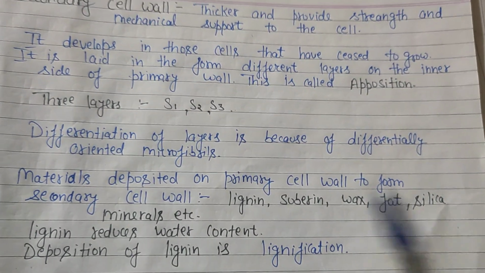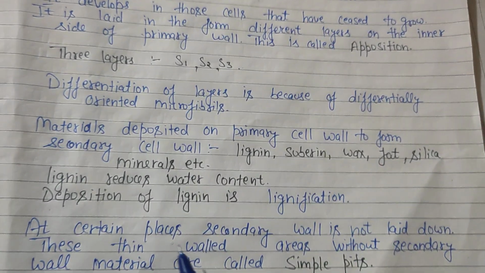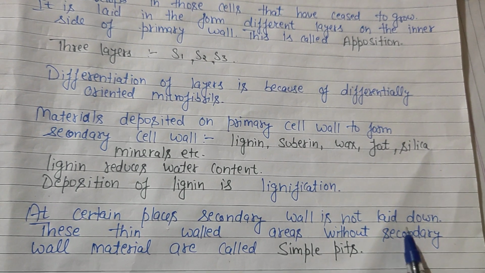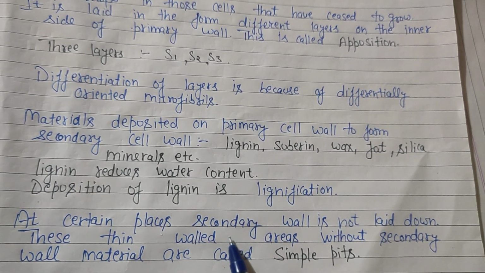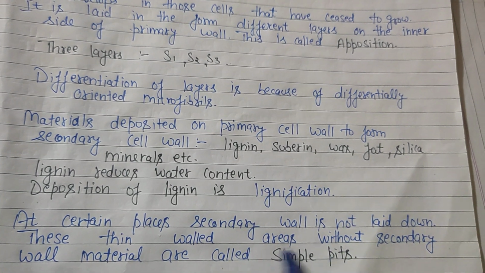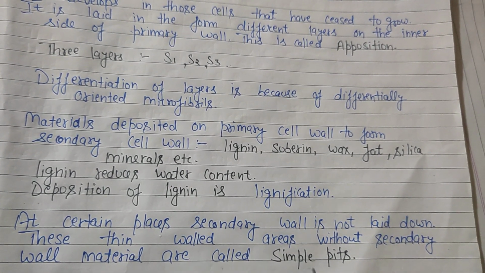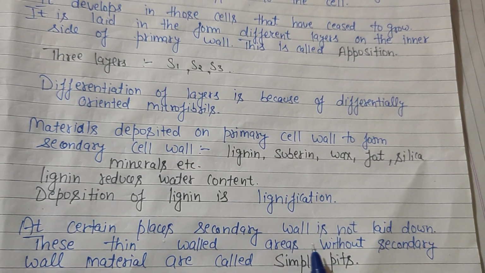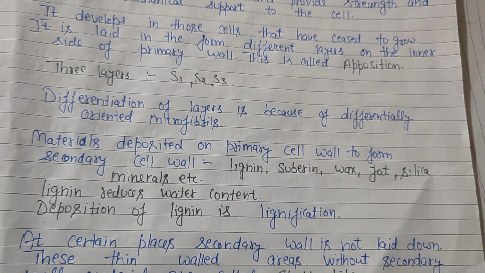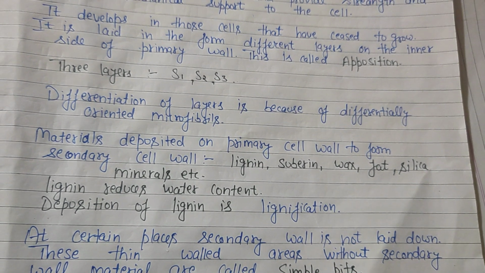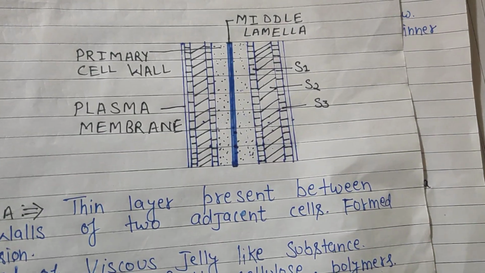But there are areas where this secondary cell wall material is not completely laid down, so it leaves very thin areas on that part of the cell wall, and these areas are called simple pits because of the absence of secondary cell wall materials. So it will make simple pits on those areas, and the simple pits of the adjacent cells are opposite to each other.